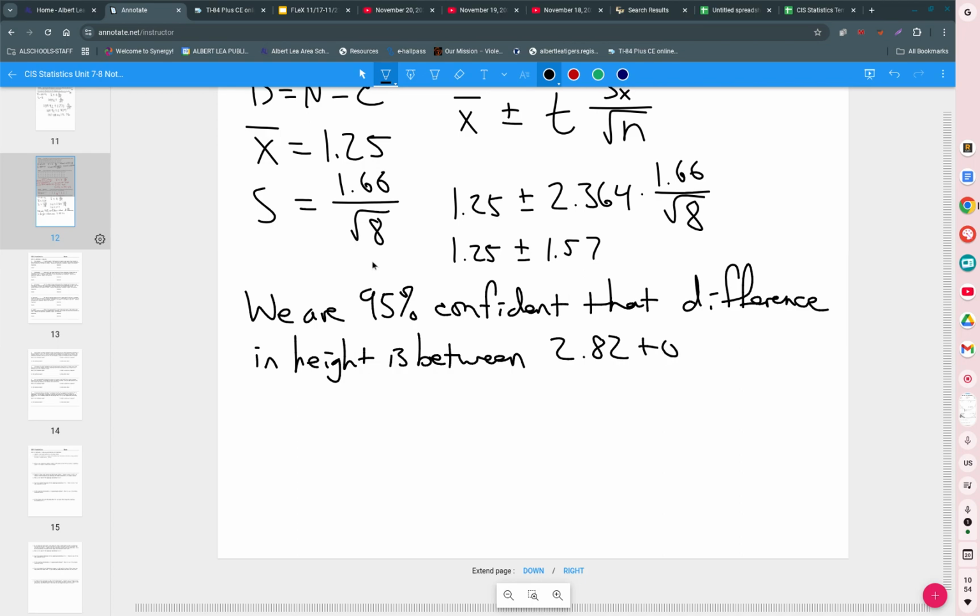And then I'm going to take 1.25 and subtract 1.57, and I get negative 0.32.